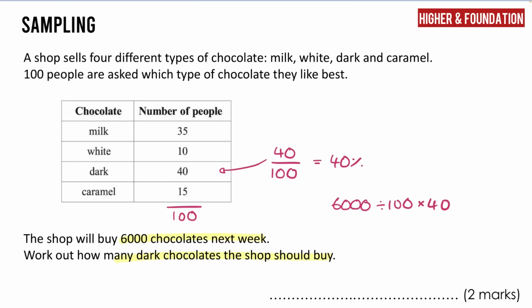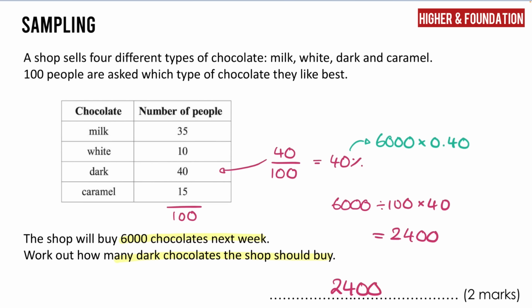So divide by 100 times 40, and that gives me 2,400. That was me doing a fraction of an amount, or I could do 6,000 and I could just times it by 0.4 or 0.40, depending on how you want to write it, and that'd be working it out as a percentage. And there we go, my answer comes out as 2,400, and that is looking at some sampling.